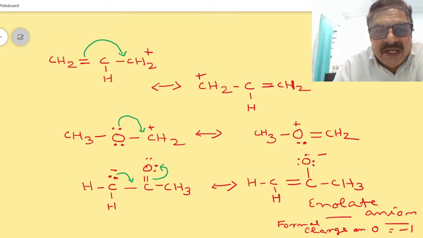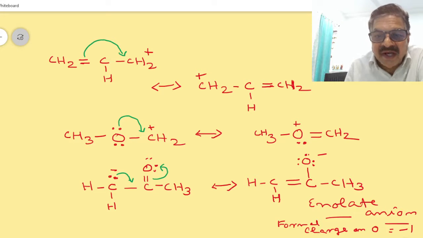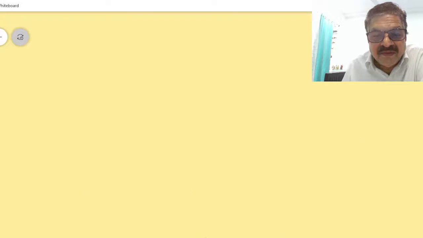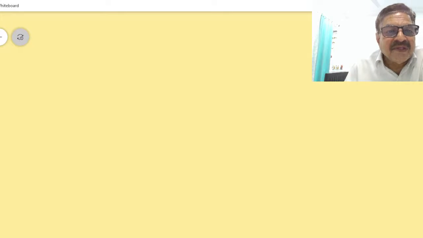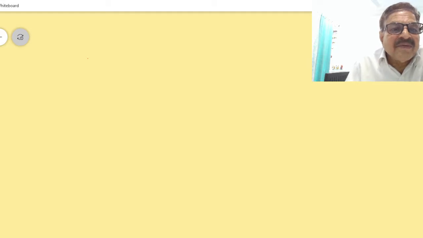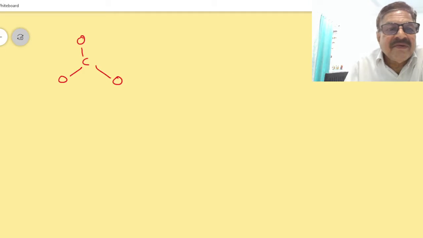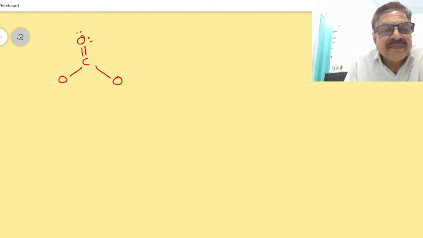Another example: if you take a carbonate anion, again, you can keep practicing by drawing many anions and cations so that you will be thorough. Say, if you take an anion of this nature, what is this? This is the carbonate anion, correct?